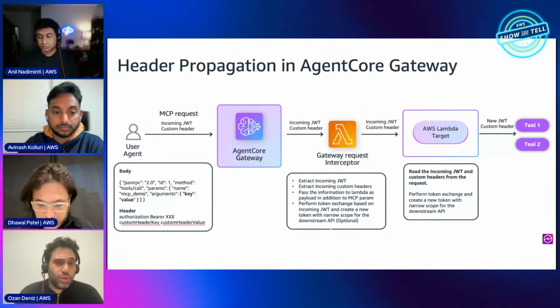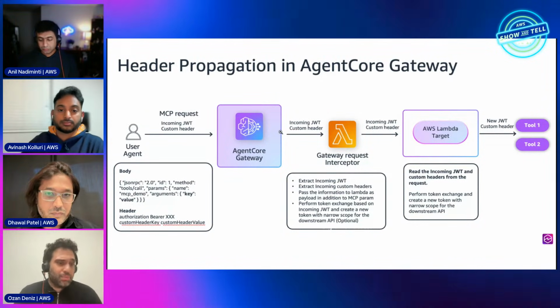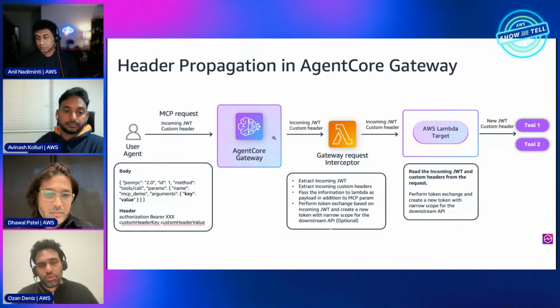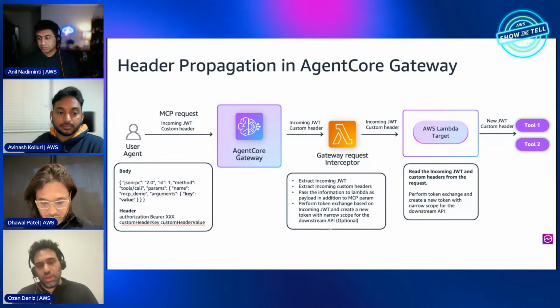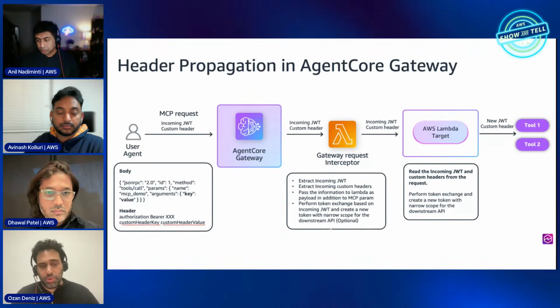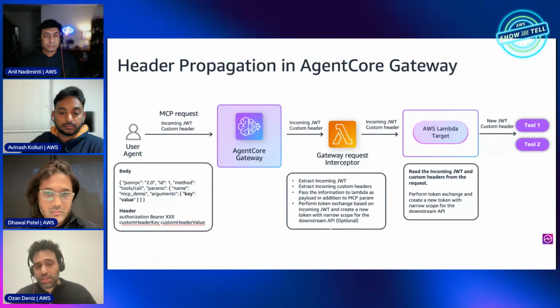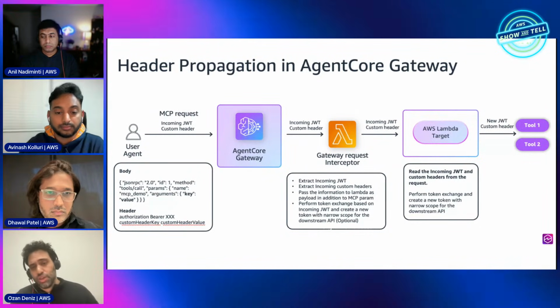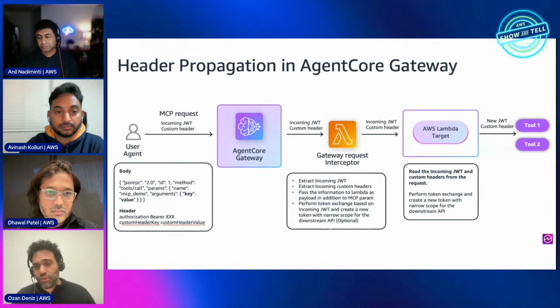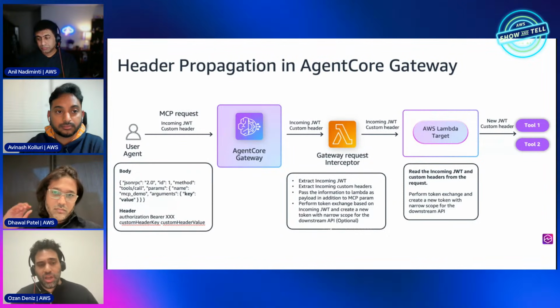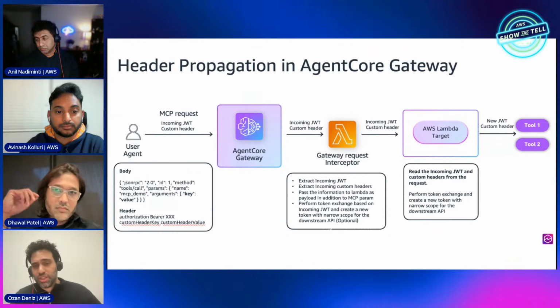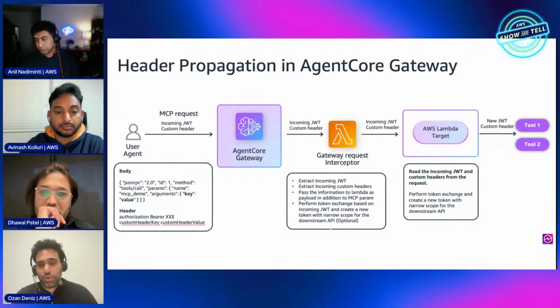So in the architecture, as we know, all the clients will pass some context to the AgentCore Gateway, which is the body, which includes all the MCP parameters. At the same time, it also passes the header. This is where the Gateway Request Interceptor comes in. The Gateway Request Interceptor will have access to the header information, which also includes the authorization token.